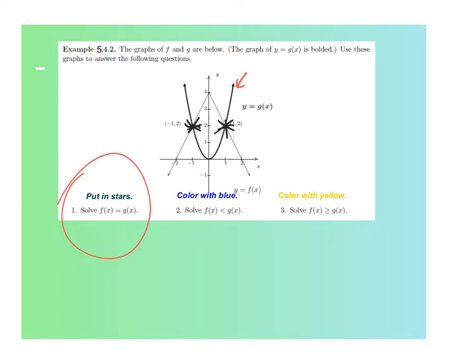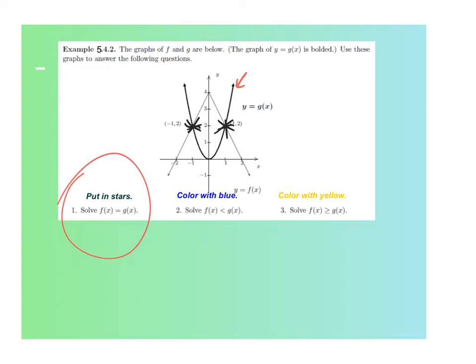It says color with blue, where f of x is less than g of x. I'm going to give you a hint. Less than means below. Where is, and I'll use different colors yet, like red, that's f of x.